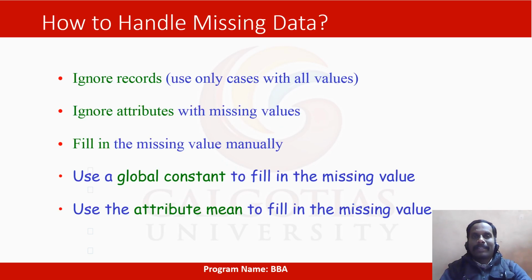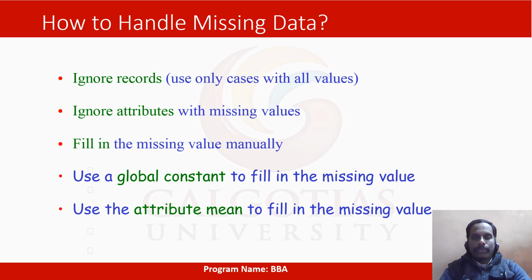So how to handle the missing data? Ignore the records, so that you use only cases with all the values. Ignore the attributes with missing values. Fill in the missing values manually. You can use a global constant to fill in the missing values.